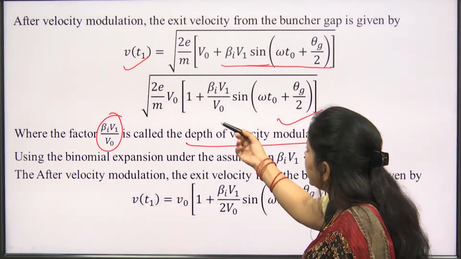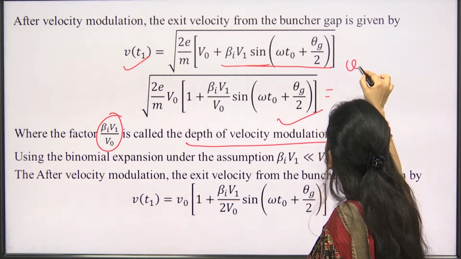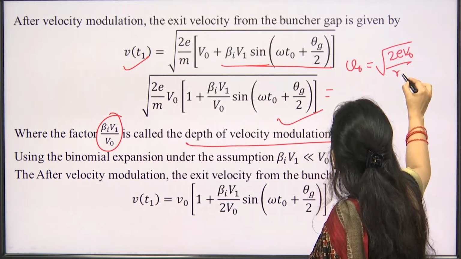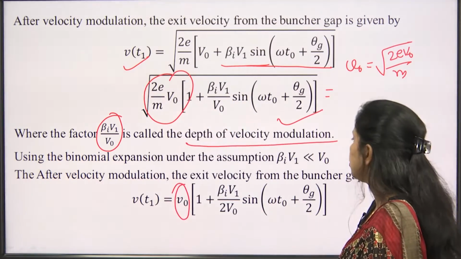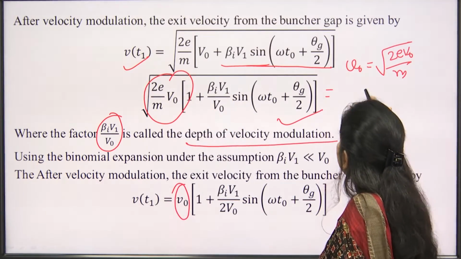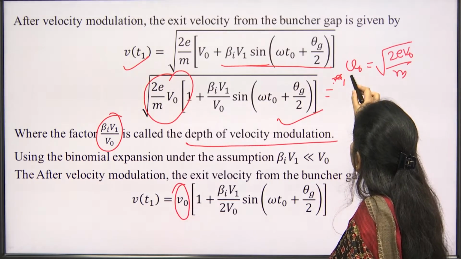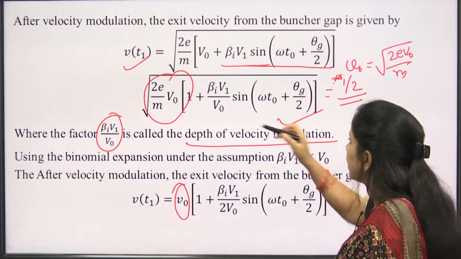And if we write it more precisely, we know that v naught is equal to the square root of 2e V naught upon m. So, in place of this, we can simply write v naught, and of course the expression will have a power of half, since it is under a root.